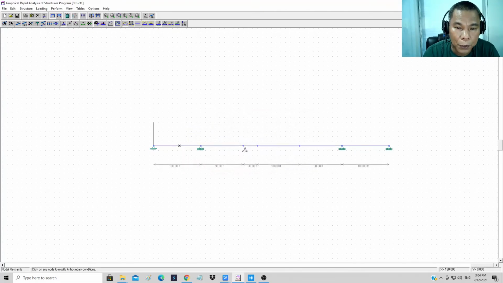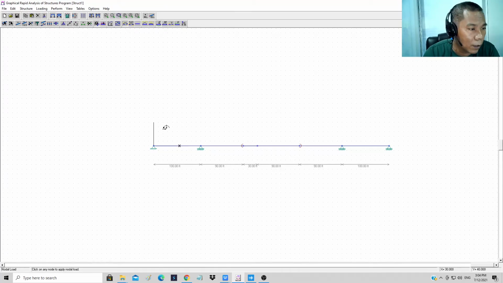The other portions, these two, have a hinge or a moment release, so we can just click this member, then releases, then click this member twice. Here you can click once. So here it indicates that we release the moment at one end.